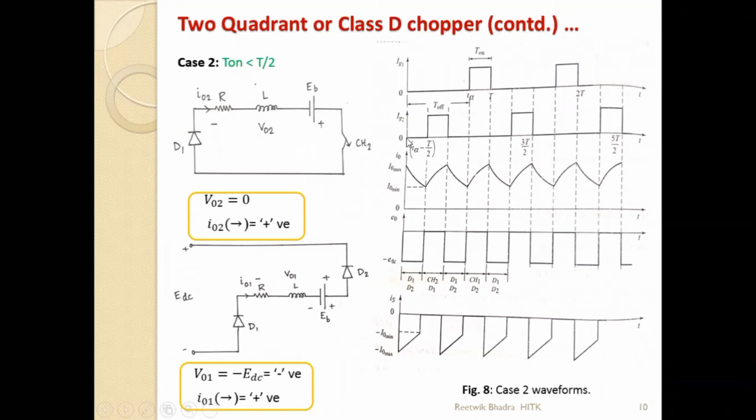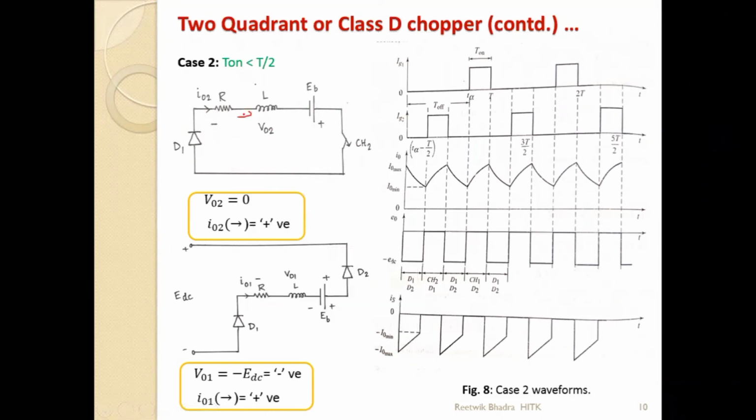Let me take the starting period only. So no gate pulse is given to Ig1 and Ig2. Obviously CH1 and CH2 both will be off during this time, but inductor has to discharge. How will it discharge? So you can draw your load first, like this. Now this EB is my source, and this inductor also now acts as my source. Previously current was entering in this direction.